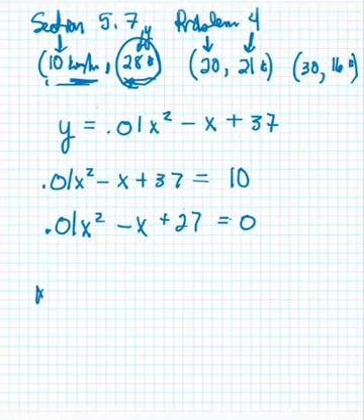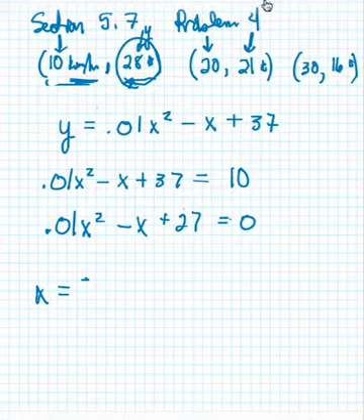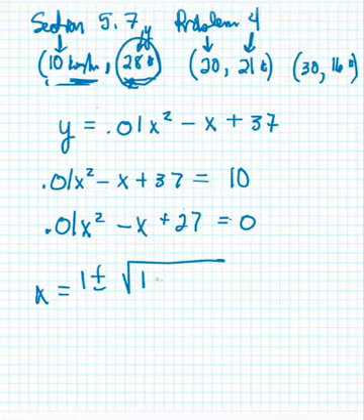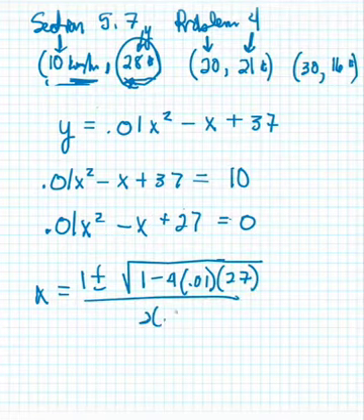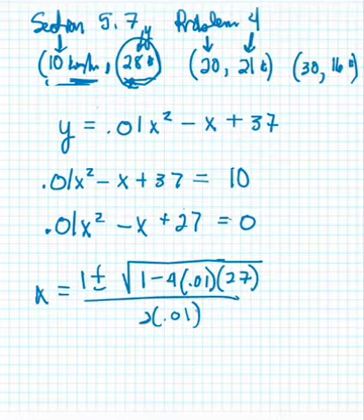So you'll get x is going to equal the opposite of b, so it'll be 1 plus or minus the radical of 1 minus 4 times a times c, over 2 times 0.01. But if we look at the discriminant there, we're going to get 1 minus 4 times 0.01 times 27.